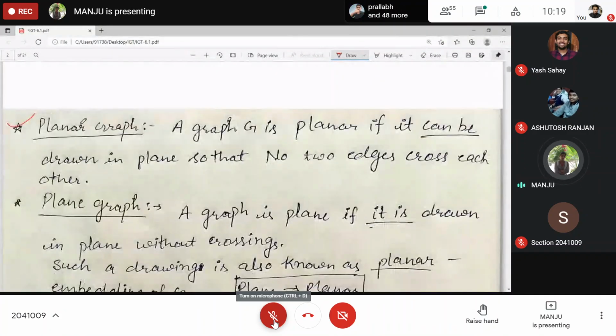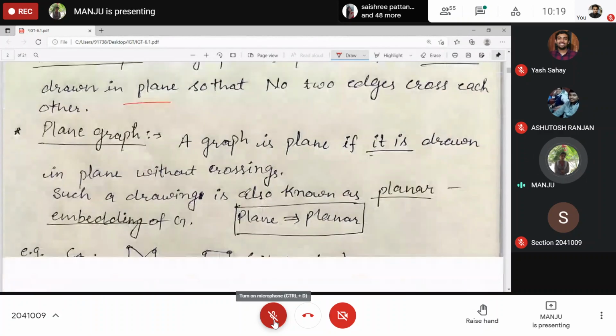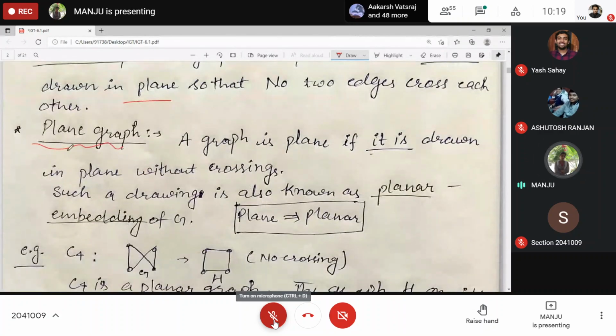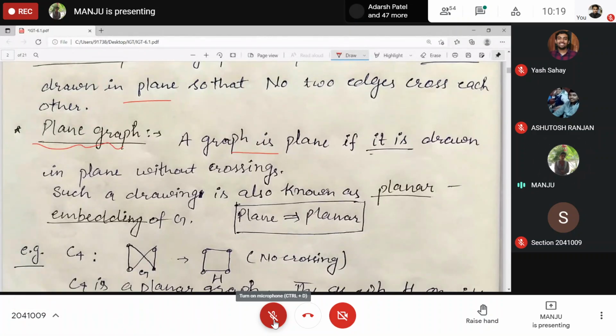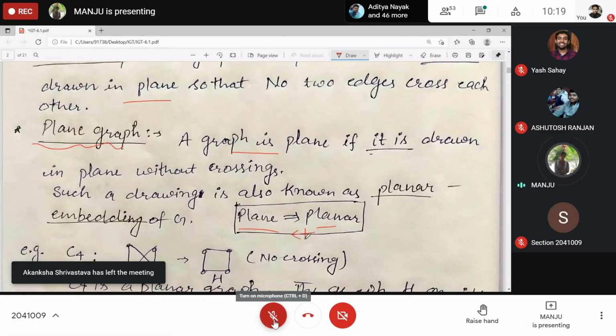This is the definition of a planar graph: it can be drawn as a plane graph where no two edges cross each other. This plane drawing is also known as a planar embedding. Clear? Every planar embedding, or plane graph, is planar, but not the converse.